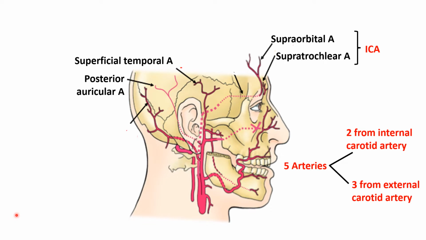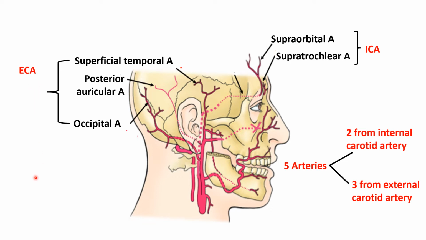The second one, remember, goes behind the ear. So what will you name it? Posterior auricular artery. Right? So this is posterior auricular artery. And the third one, which goes to the occipital region, this is the occipital artery. So this is simple to remember. Superficial temporal artery, posterior auricular artery, occipital artery. All these three are branches of external carotid arteries.